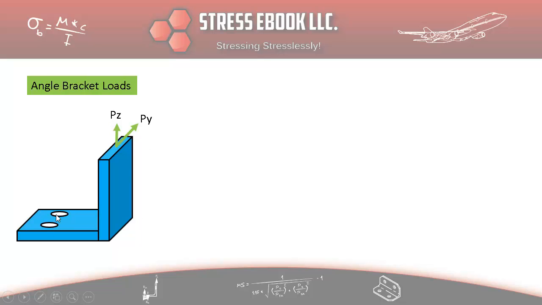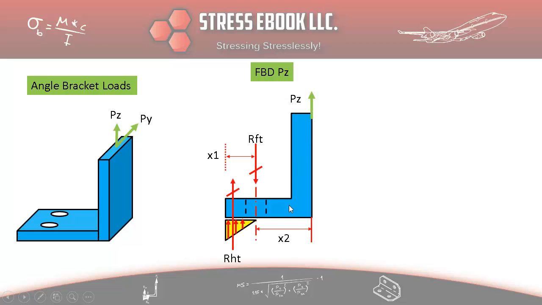So this is going to be our basic model with applied loading, and as we know, these two fasteners are pinned, constrained, and we're going to start with the free body diagram of this bracket with only the PZ load, right? So we're going to split out the free body diagrams for each of these loading types. So the first one would be this, and you know this already if you watched the first video on the angle bracket heel toe prying loading.